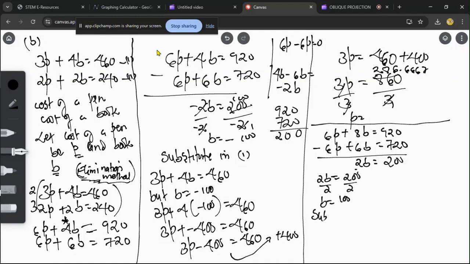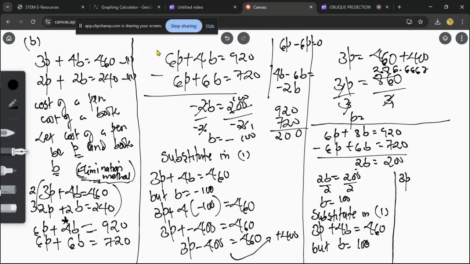So I'll substitute in 1. So that I'll have 3p plus 4b is equals to 460, but our b is equals to 100. All right. So what will that one mean? 3p plus, where there is b, I'll be writing 100. I'll say 4, then 100 is equals to 460.